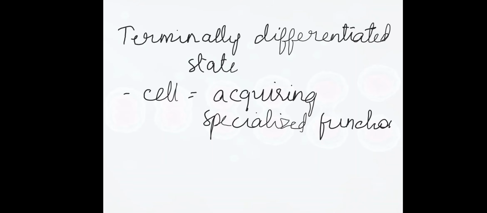While acquiring specialized function, it remains inactive, or it has ceased its proliferation for a temporary period. So it irreversibly lost its ability to proliferate while acquiring specialized function.